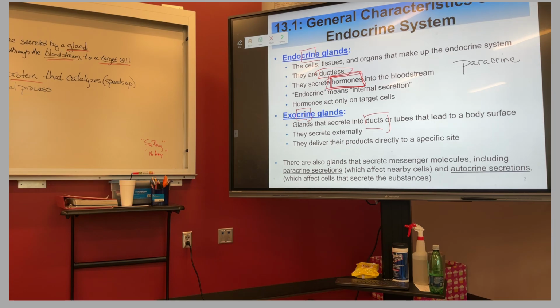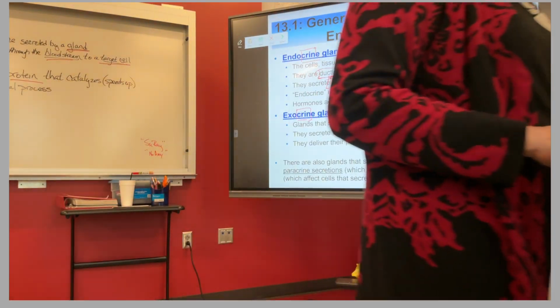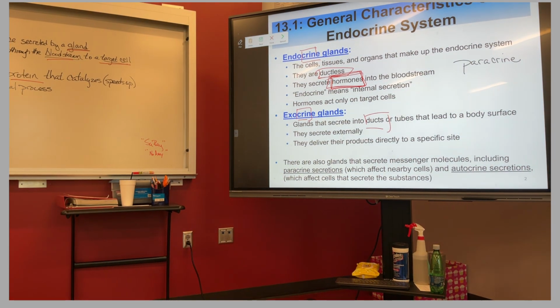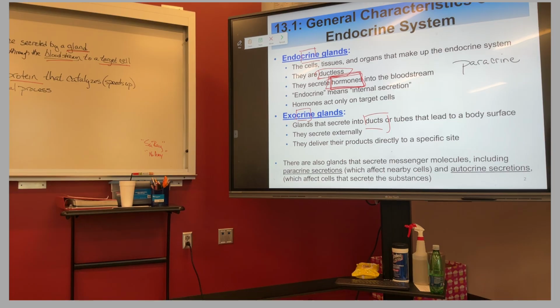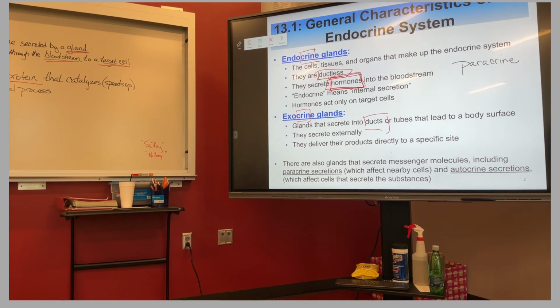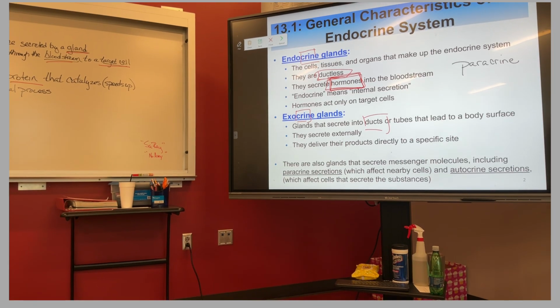How about if this is not on the exam, but if I use the word autocrine, okay, it's secreting. Auto means self. So these cells are actually secreting something that is going to impact them, the cell itself. Are you following me? That's just interesting.